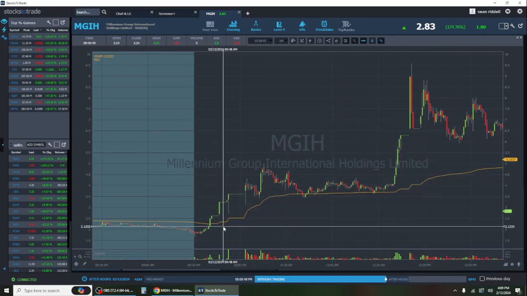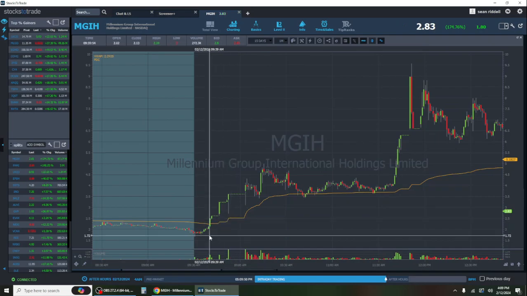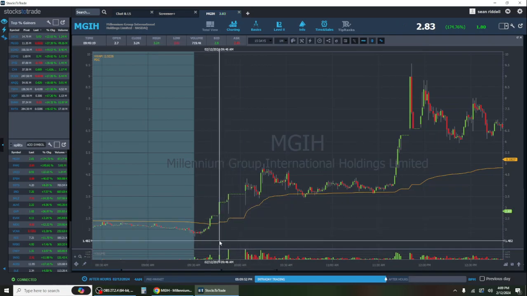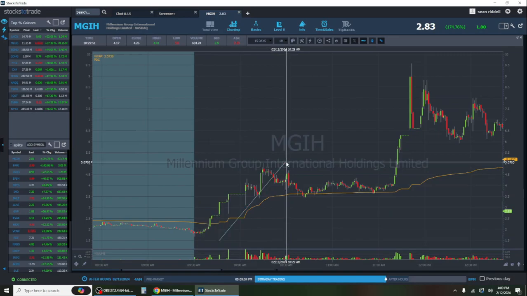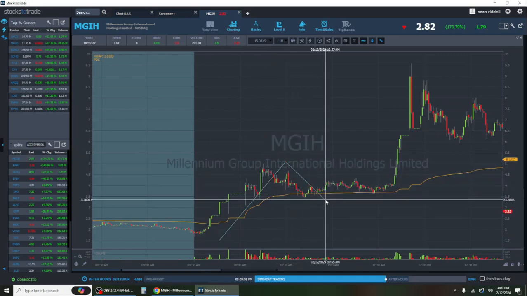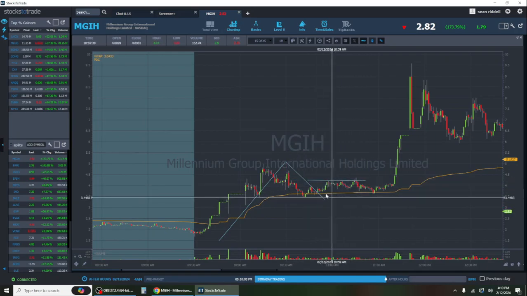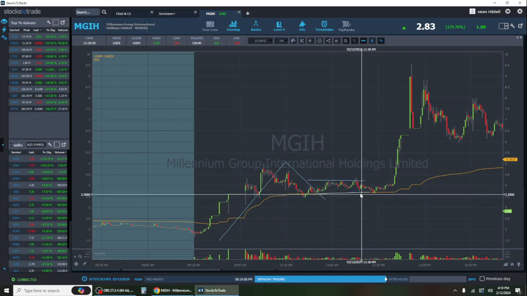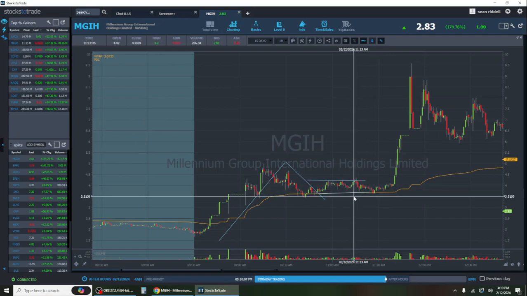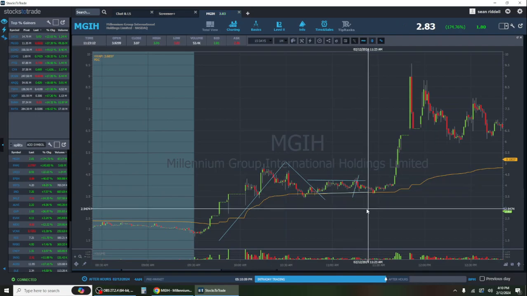What I'm seeing is it's kind of almost the same thing I was looking for, isn't it? Big push, pulls back, some sideways action. Breaks above the sideways action.